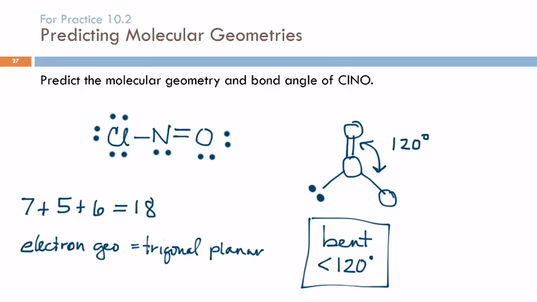Okay? Yes? So for an exam, would you put an answer like that? Yeah, that's a good question. How would this come up on an exam? This would probably be a multiple choice question. And so 120 might be a choice, 180, 109.5, 90.